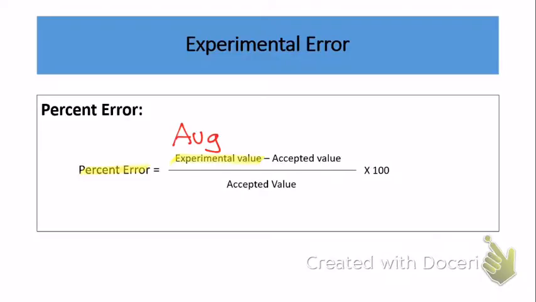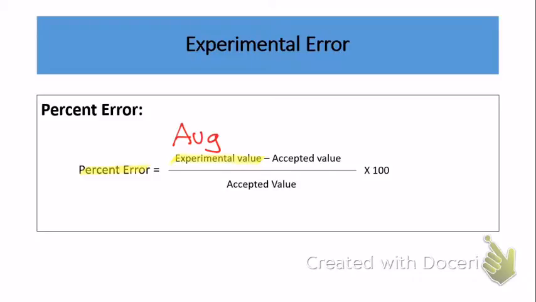And then you're going to subtract the accepted value, the value that I'll give you in class that we will say is the true value. And then you're going to divide that by the accepted and true value, and you multiply that by 100, and that will get your error into a percentage, okay?